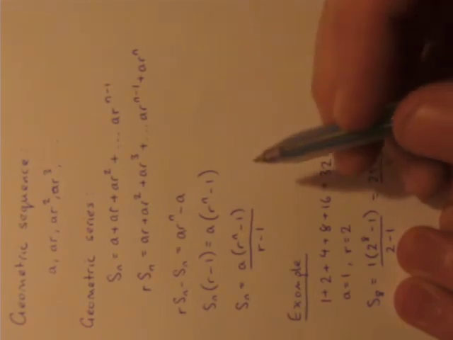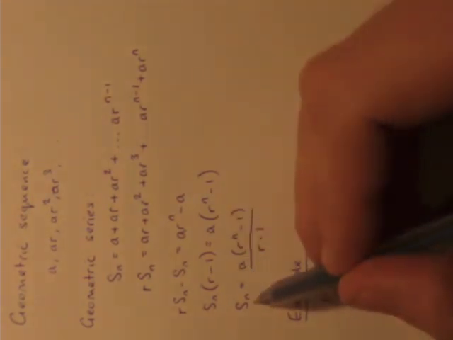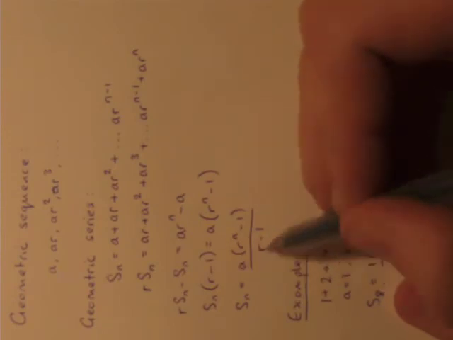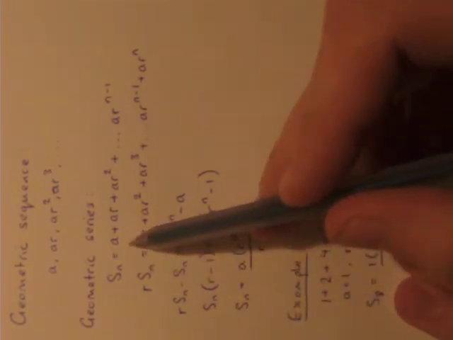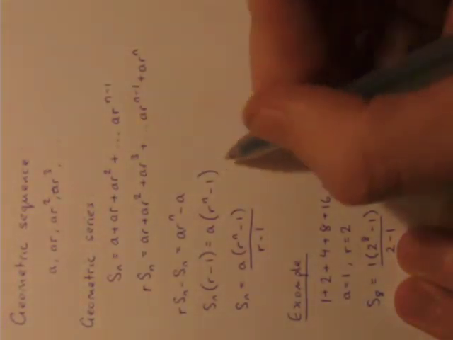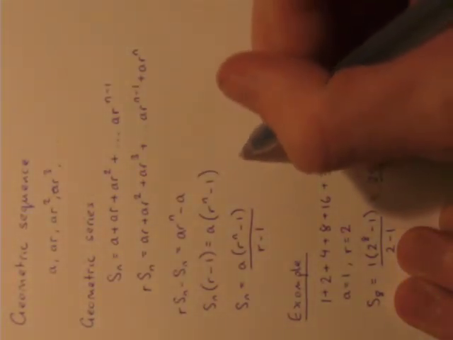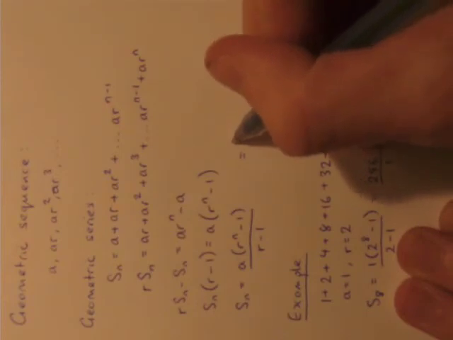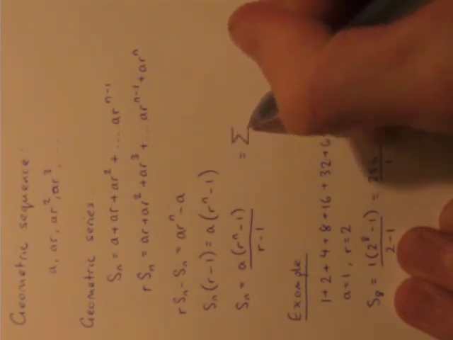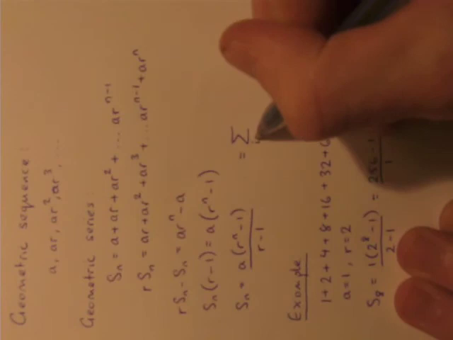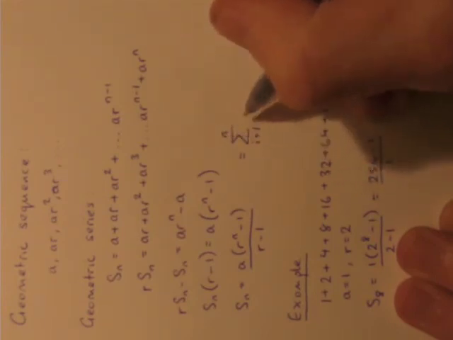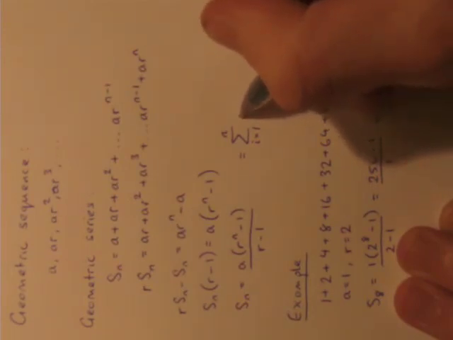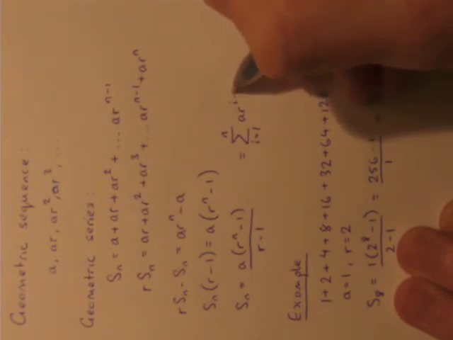It's also worth just pointing out that another way of writing Sn, meaning the sum of these terms, is to use the Greek letter sigma and to say that we have an index I that runs from 1 to n, and each term has the form ar to the I minus 1.